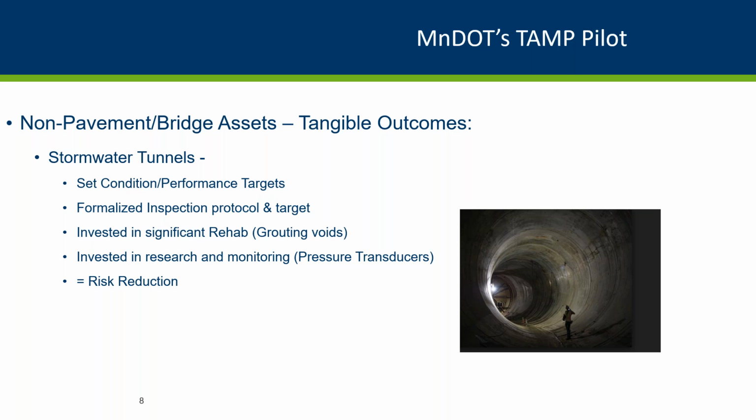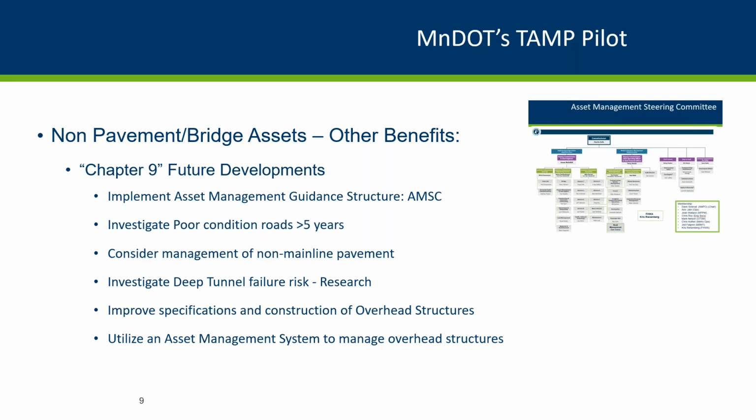We actually went in and mapped some of the potential flooding areas and then invested in some additional inspection, created some measures and targets for those systems, and ultimately ended up letting a contract to grout the annular space between the tunnel lining and that sandstone layer, as I mentioned, which all these things together really felt like we reduced our risk considerably in terms of those critical systems.